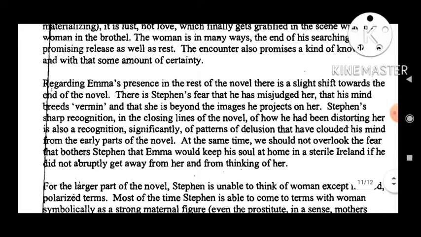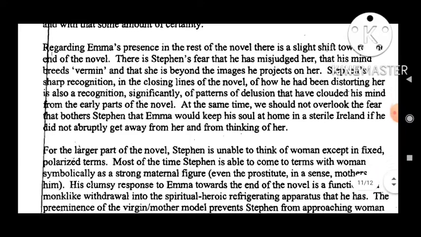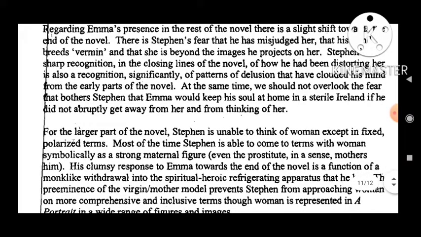Stephen's sharp recognition in the closing lines of the novel of how he had been distorting her is also a recognition, significantly, of patterns of delusion that have clouded his mind from the early parts of the novel. At the same time, we should not overlook the fear that bothers Stephen, that Emma would keep his soul at home in a sterile Ireland if he did not abruptly get away from her and from thinking of her.